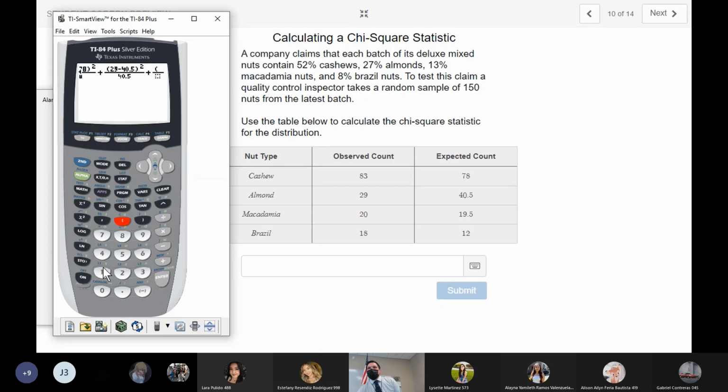All right, and so knowing how to use your calculator can be very beneficial in this case, because I can type this in exactly the way I would have written it, which helps in making sure things go well.